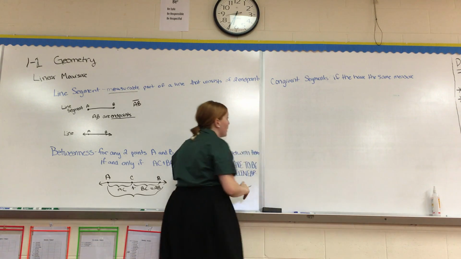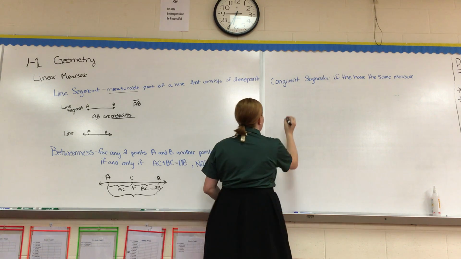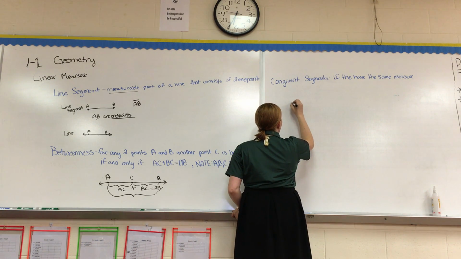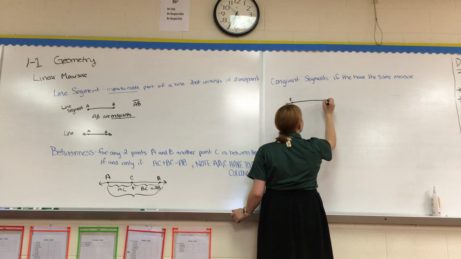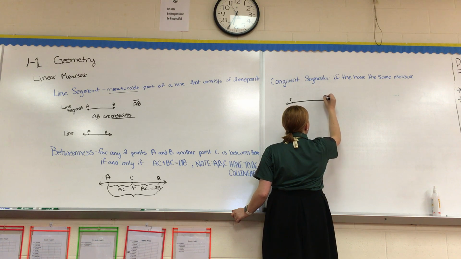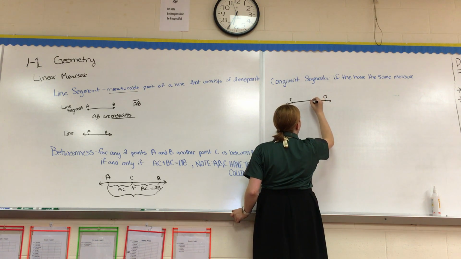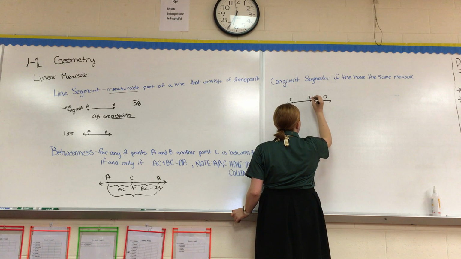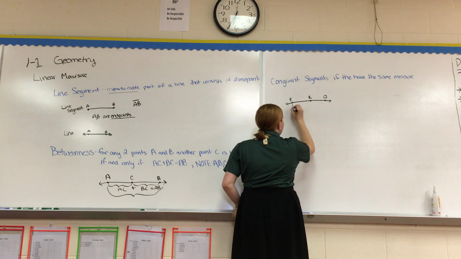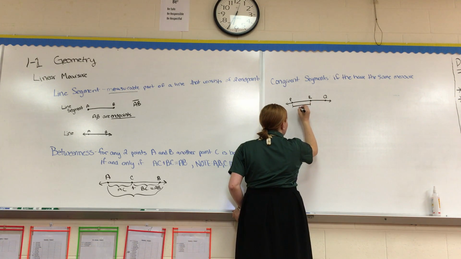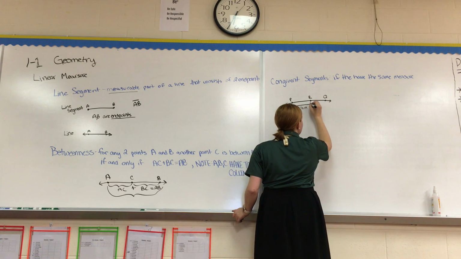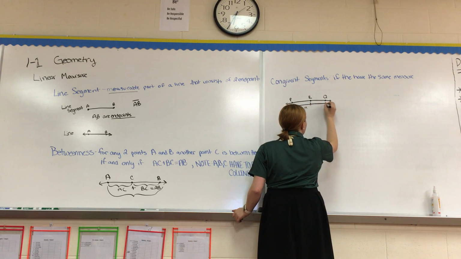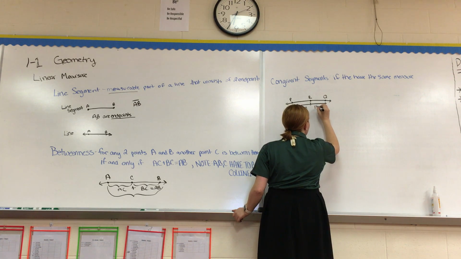An example would be, let's draw, and I'm going to switch up our letters. We're going to have P and Q, and we're going to put R right there. Let's say that this distance is 1.5 inches, and this distance is 1.5 inches.